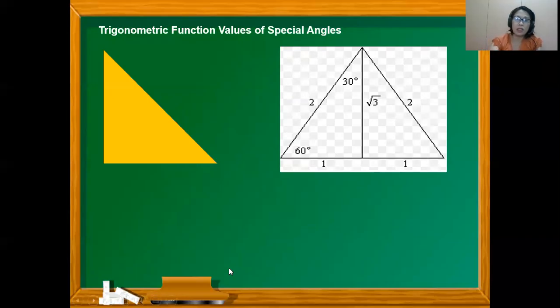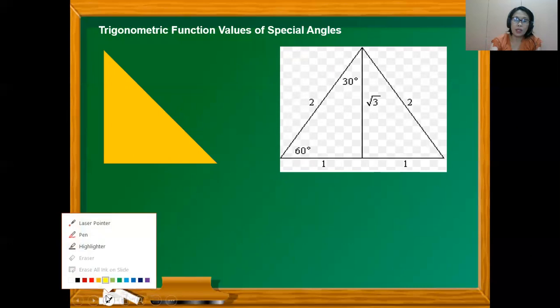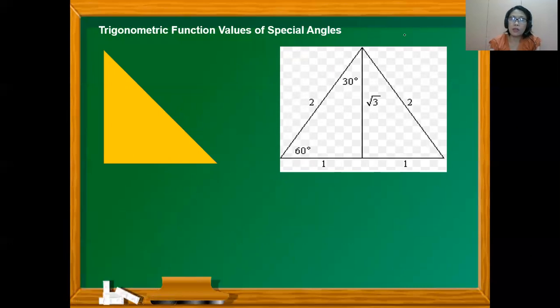Since the 60-degree angle is divided into two equal parts, it becomes two 30-degree angles. Now this becomes a right triangle. So this equilateral triangle is divided into two right triangles, and this angle will remain 60 degrees.